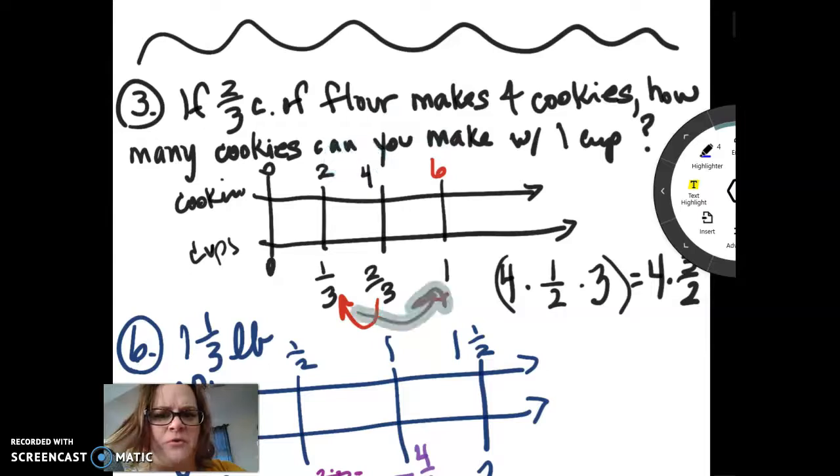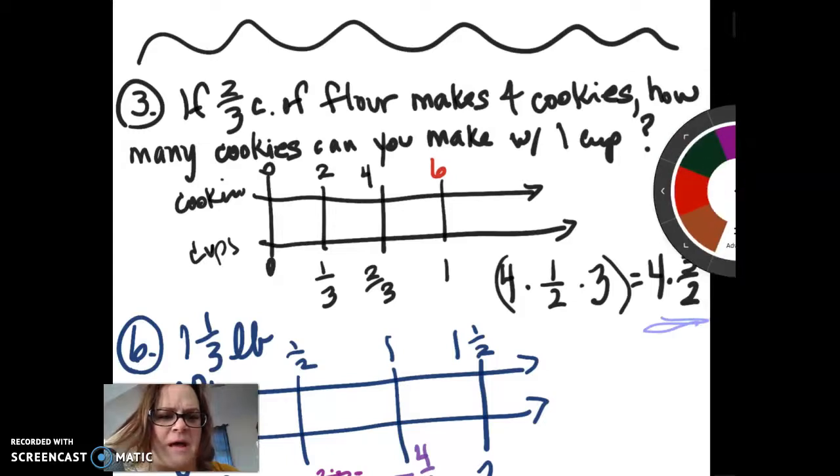Because when we multiply 4 times a factor to get 6, we're going to multiply by 1.5, which is the same as multiplying by 3/2, which is the same as multiplying by 1/2 and then by 3, which is what we're doing when we invert and multiply.